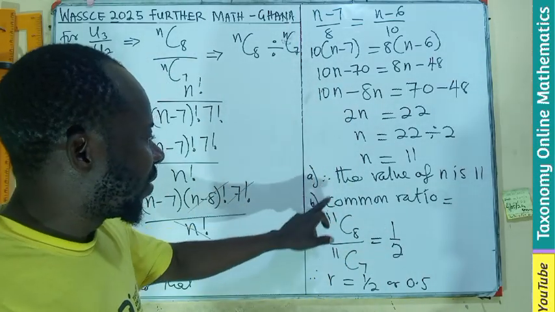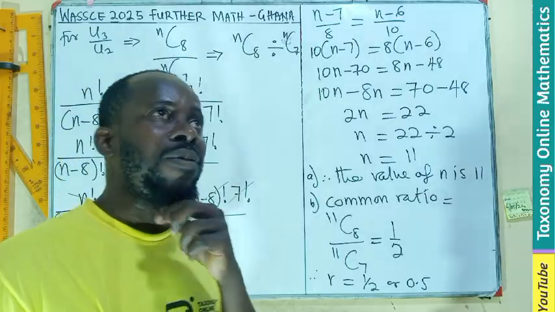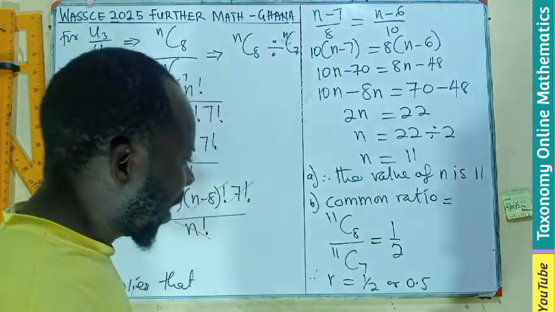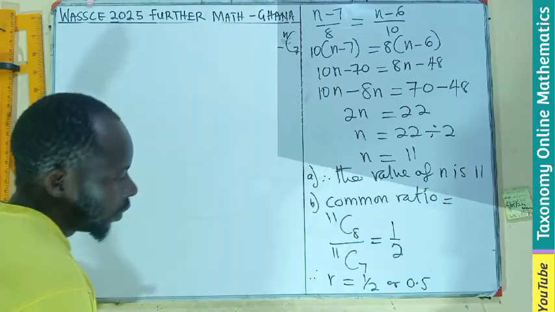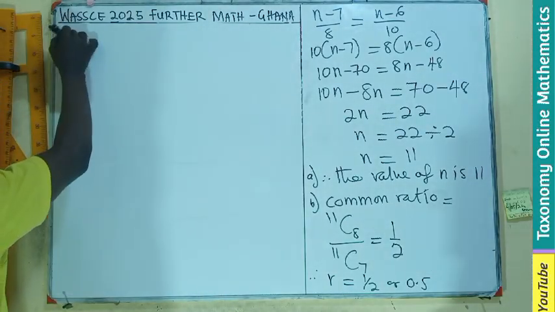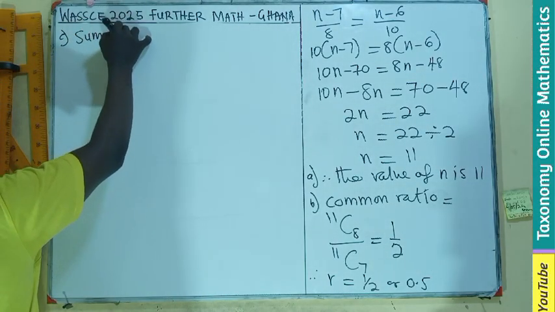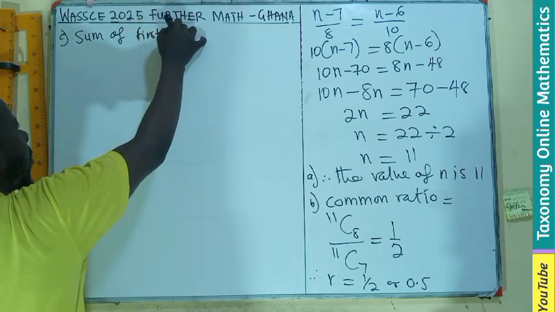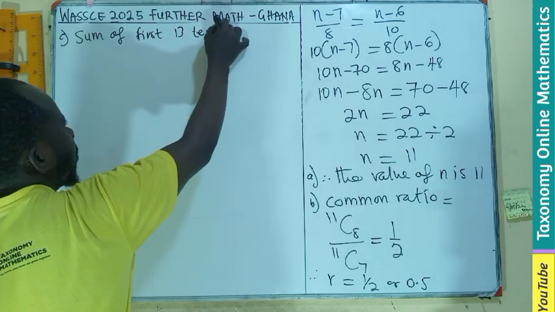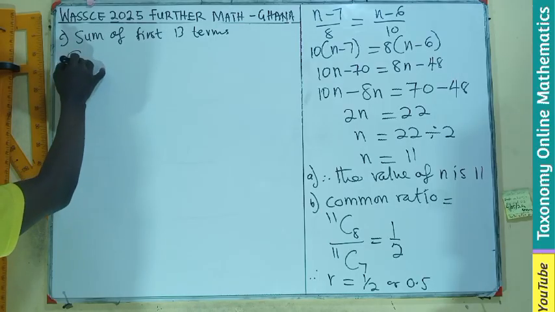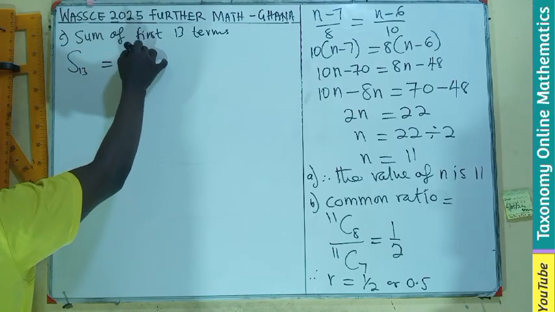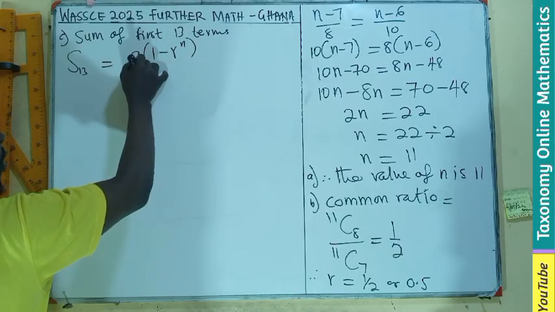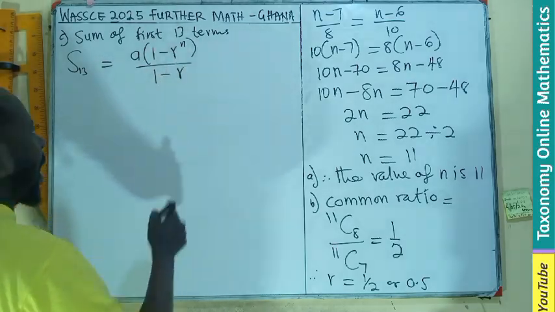Okay, so we have the first, second, third term. The third part is asking for the sum of the first 13 terms. So let's see how we can deal with that also. So we go for the C, which is the sum of the first 13 terms. S13 equals a times 1 minus r to the power n, over 1 minus r.